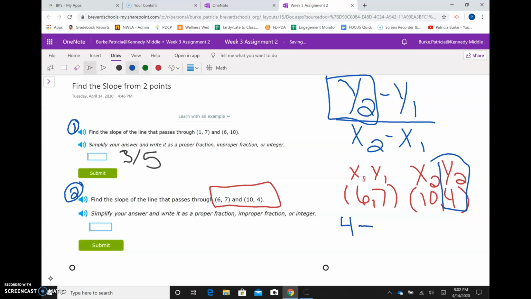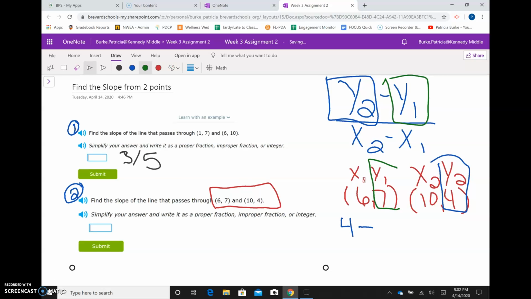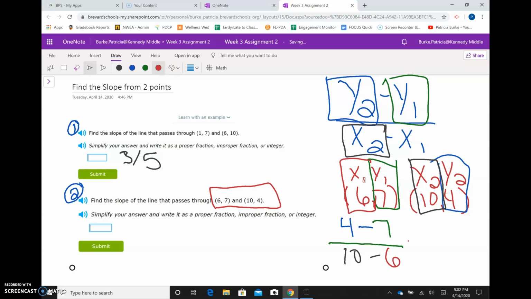We're going to subtract y1, which is 7. Our x2 over here is 10, and we are going to subtract our x1, which is 6.